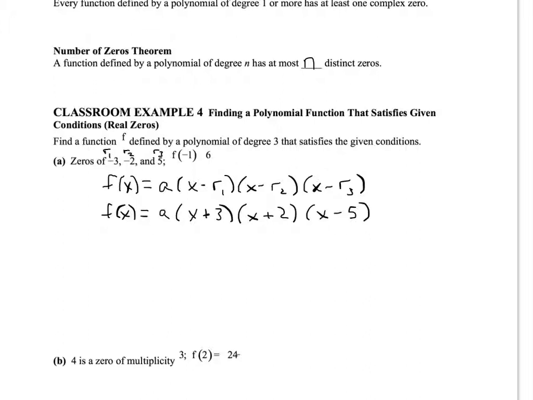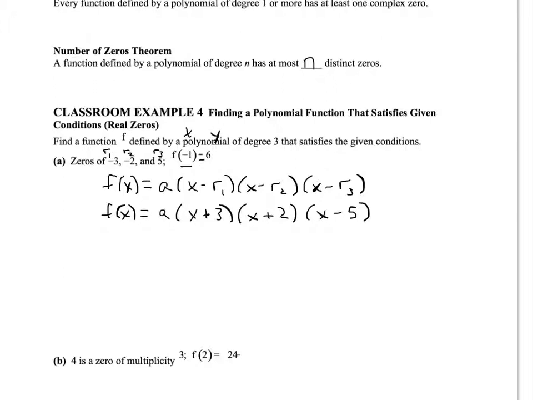Okay, I still do not know what the A is. And I have x's and I have an f of x. That's why you need a point that's on the graph. Remember what it's telling you. It's telling you that when x is -1, your y value is 6. And guess what?